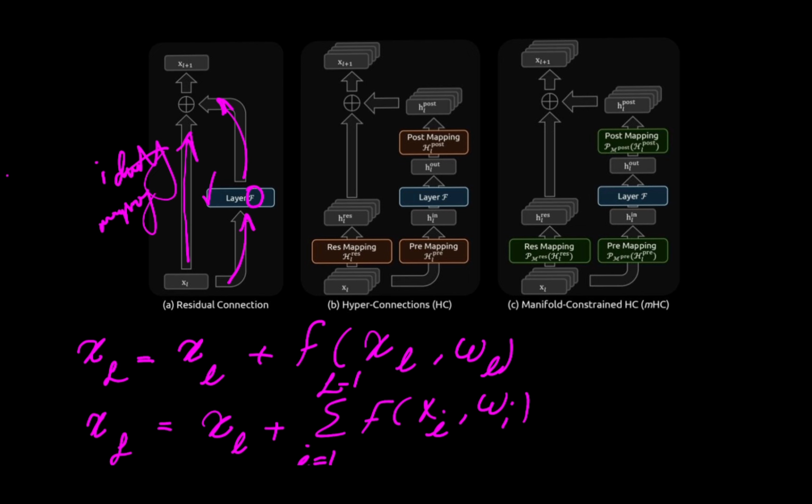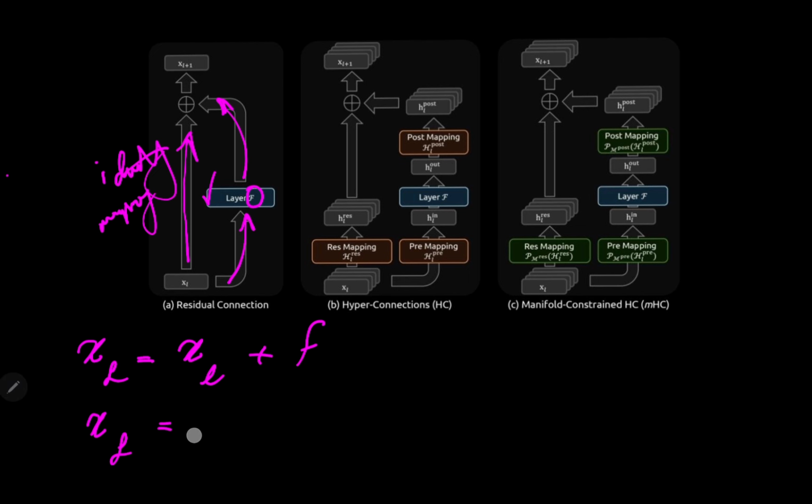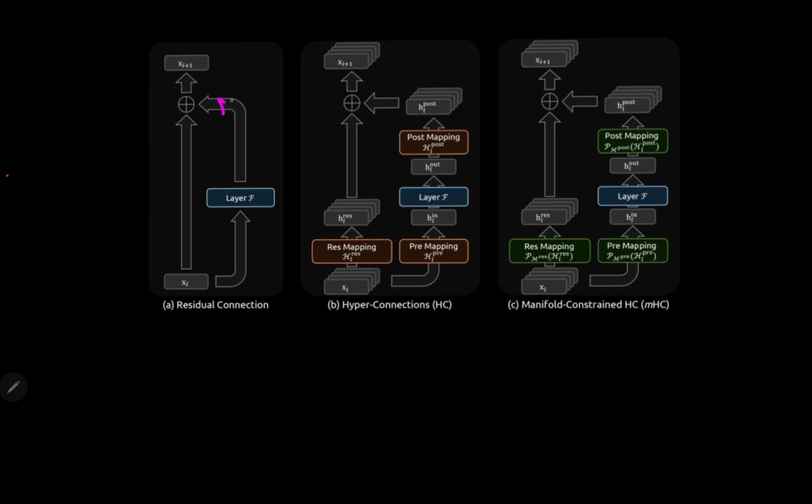But there were several problems with this architecture, including that it was not super efficient, and people started to think about how we can make it more efficient. That's why in 2024, a group from China, the Zhu group, if I pronounce their name right, from the Seed Foundation model team, introduced the hyper-connection architecture.